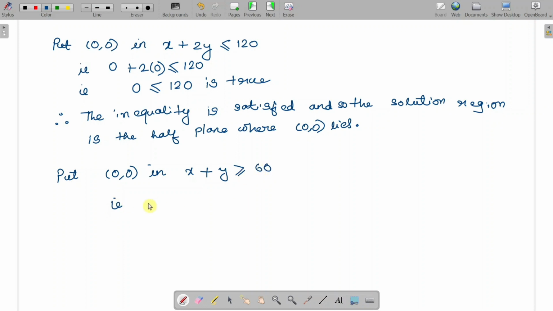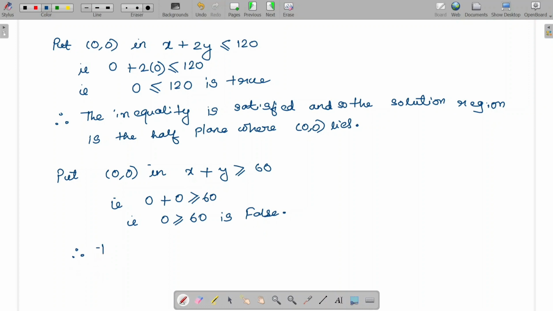Okay, so that is 0 plus 0 greater than or equal to 60, that is 0 is greater than or equal to 60, right, is false because 0 is less than 60, not greater than or equal to.